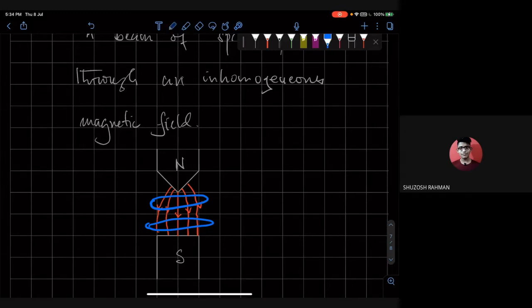So classically, what is the energy of a small magnetic moment in such a magnetic field? Its energy is classically given by minus the dot product between the magnetic moment and the magnetic field.